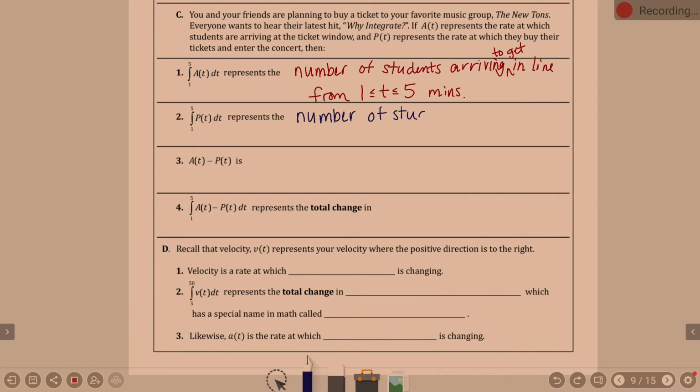So, number of students that have bought tickets and entered the concert from 1 to 5 minutes.